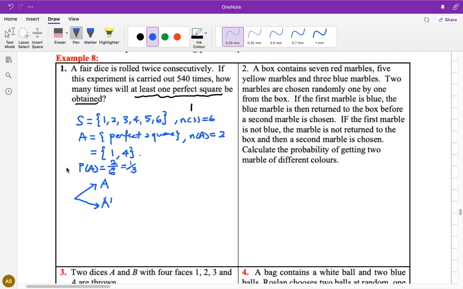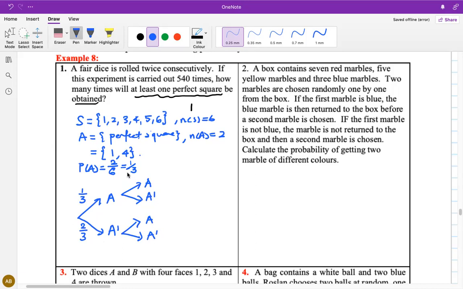Therefore, you can see here the tree diagram. We draw out the tree diagram. A and non-A. A will be 1 over 3 and non-A will be 2 over 3. Then the second row, still the same, A and non-A. If you have non-A the first time, then the second time you still have A and non-A, so the probabilities are still 1 over 3 and 2 over 3.